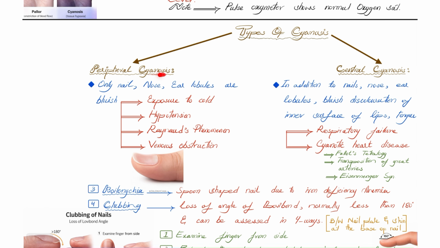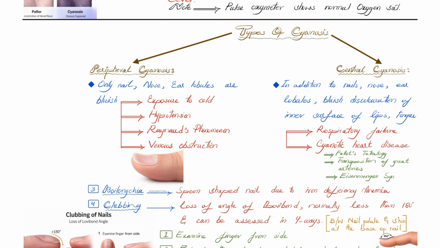Peripheral cyanosis means that there is bluish discoloration of nails, nose, and ear lobules, and it can be because of exposure to cold, hypotension, Raynaud's phenomenon, and venous obstruction. On the other hand, central cyanosis means that in addition to nails, nose, and ear lobules, there will be blue discoloration of the inner surface of lips and tongue.